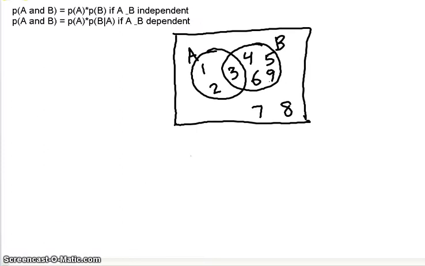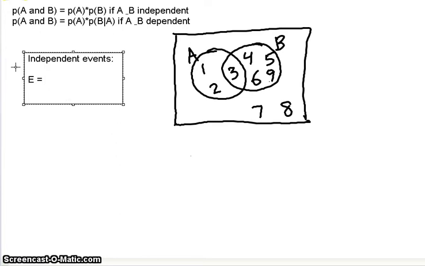So, an example of independent events. Let's say event E is it rains tomorrow.